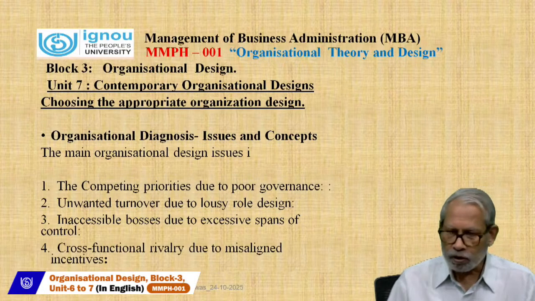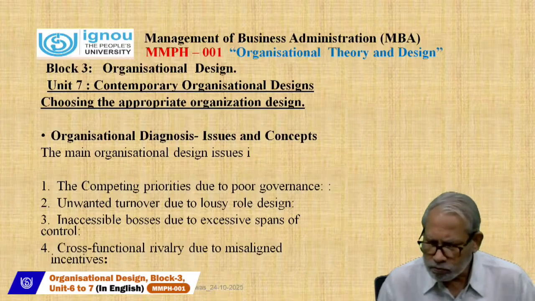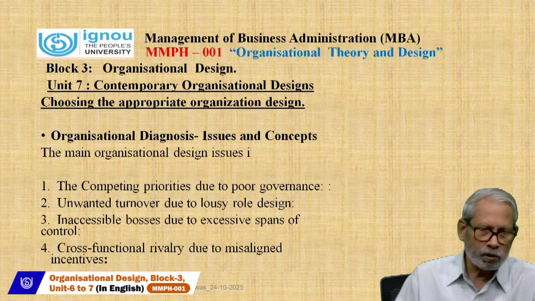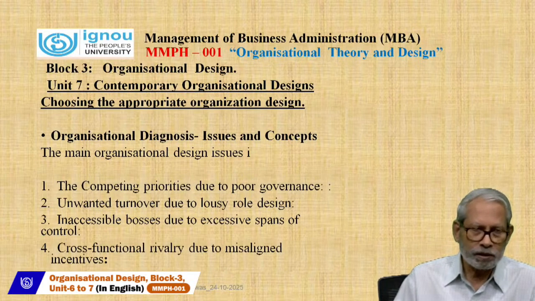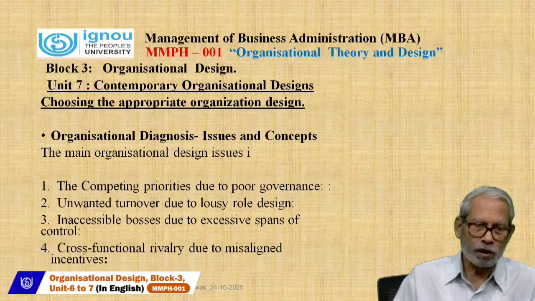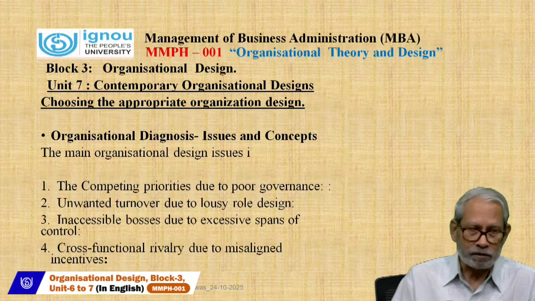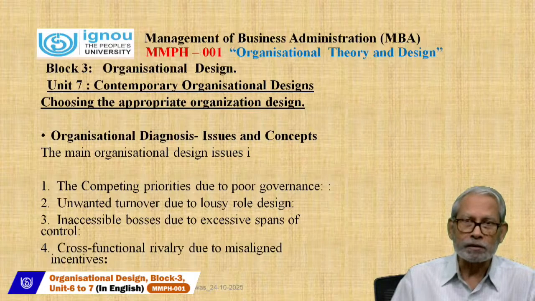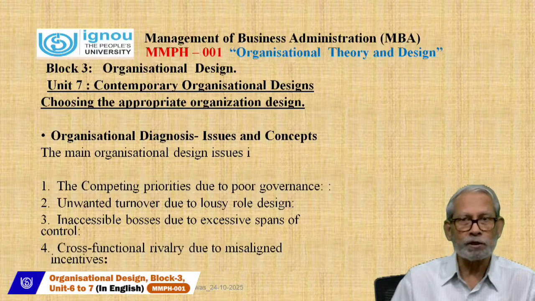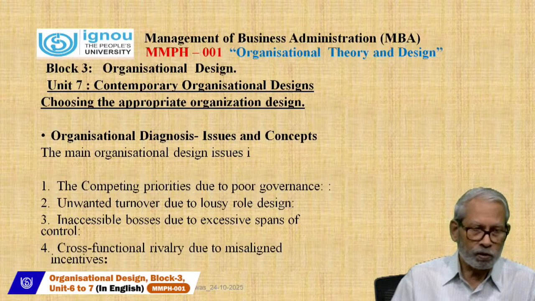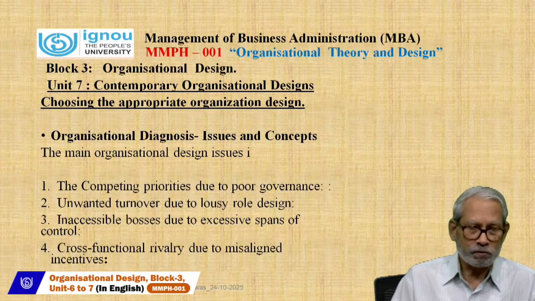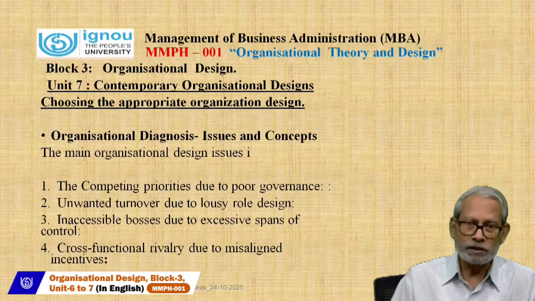Organizational diagnosis is basically the issues of the concept. The main organizational design issues are competing priorities due to poor governance. Another problem is governance problems. Then unwanted turnover due to lousy role design.